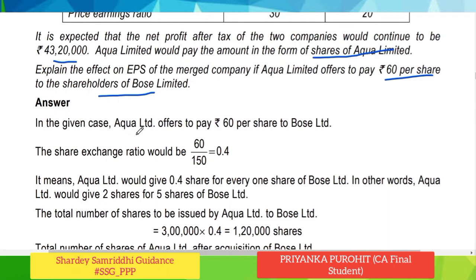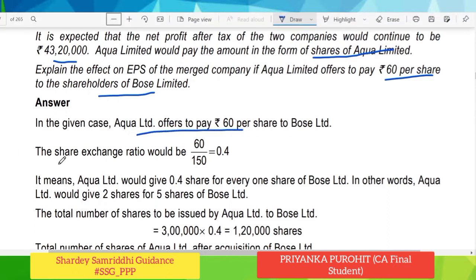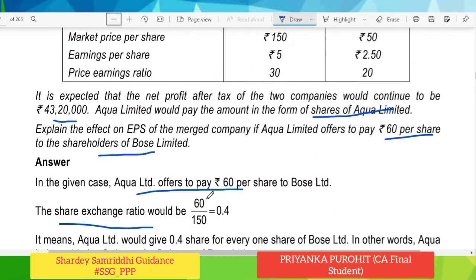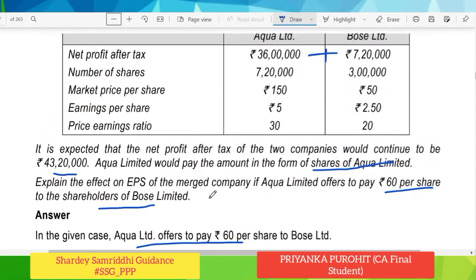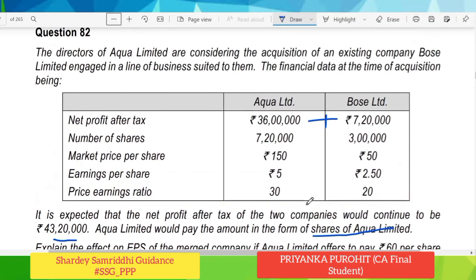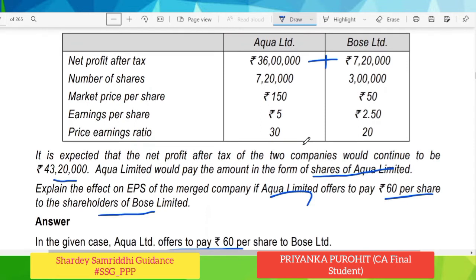So in the given case, Aqua Limited offers to pay rupees 60 per share to Bose Limited. So the exchange ratio would be the price that it is willing to pay, that is 60, divided by the market price of Aqua Limited. As you know, the formula to compute the exchange ratio is target company divided by the acquisition company. So here MPS would be considered as 60 and not 50.